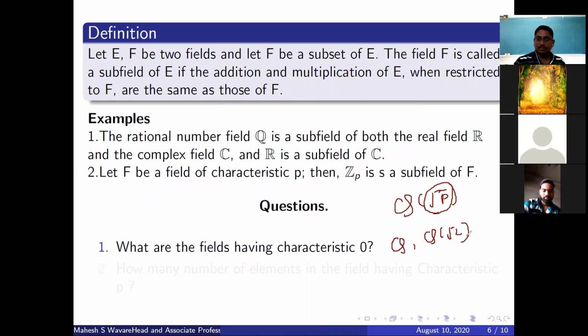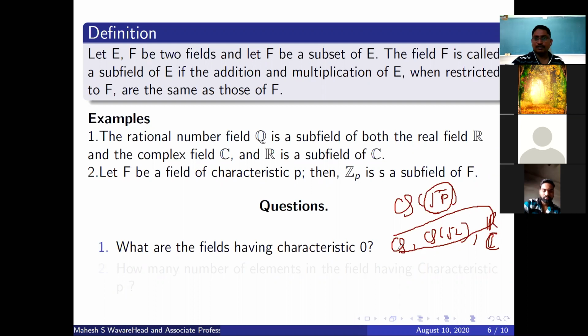There are different sets. One can see the set of real numbers, complex numbers, many more. And as prime numbers are infinite, we can have more such fields. Addition is as of real numbers. The complex numbers have complex number addition and multiplication, and all the rest have usual addition and multiplication like real numbers. So these are examples of fields having characteristic 0.